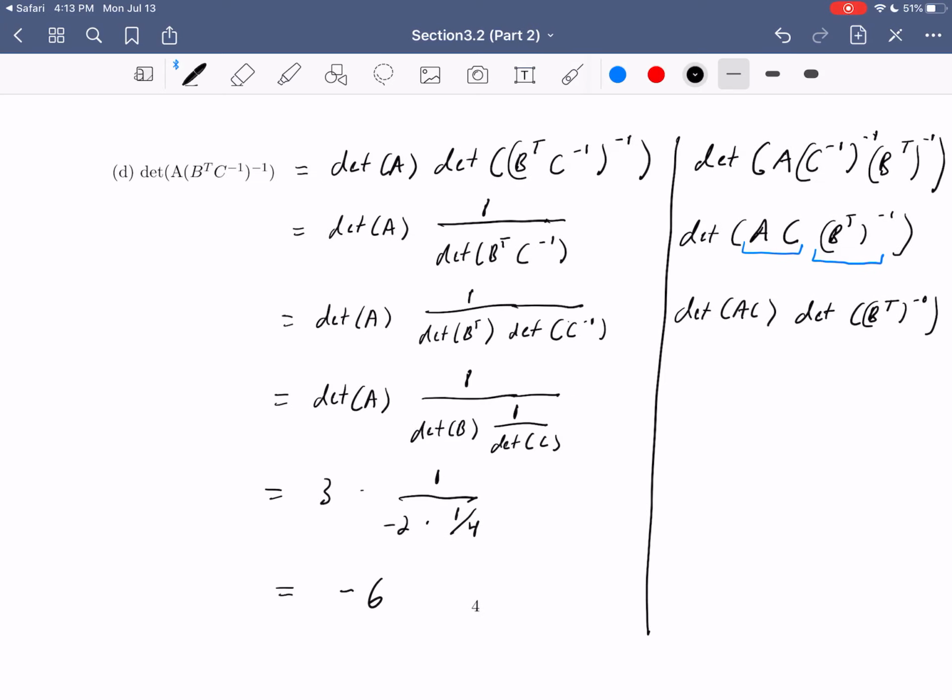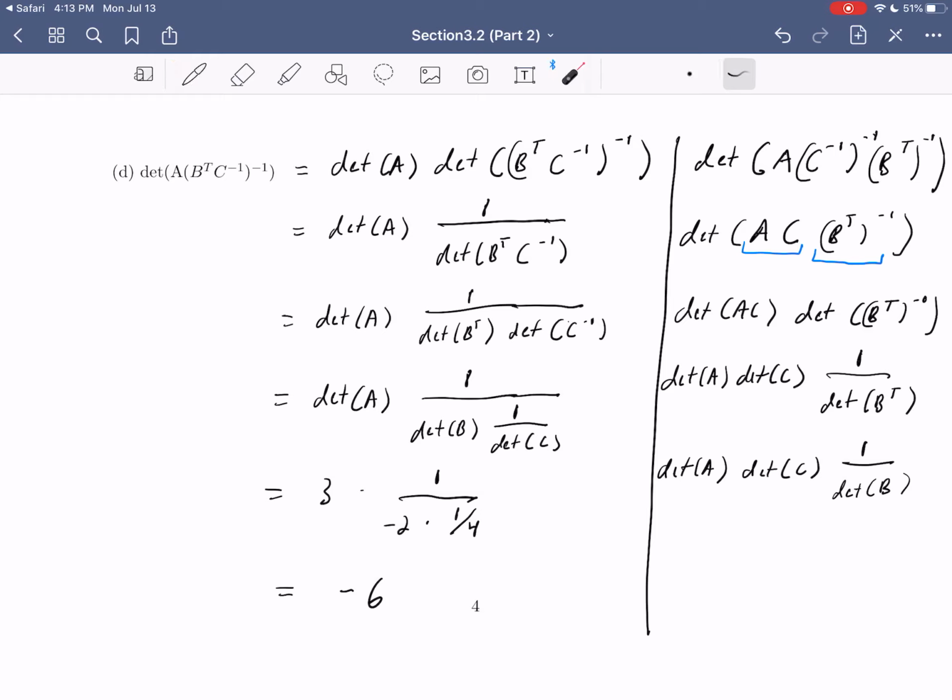Then, of course, now this is a product of 2, so we can split that up. We get the determinant of A, the determinant of C. Since we have this inverse here, we can make that 1 over the determinant of B transpose. And then we could say that's determinant A, determinant C, 1 over determinant B.